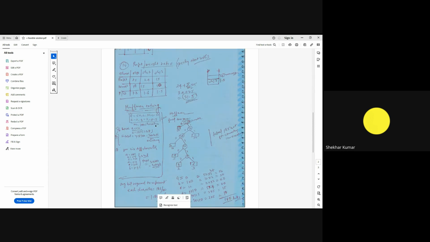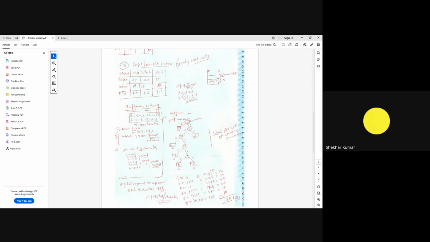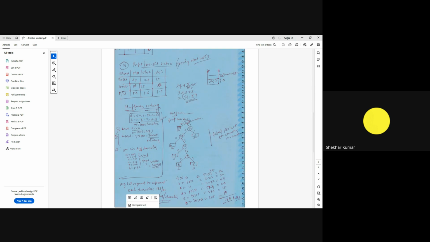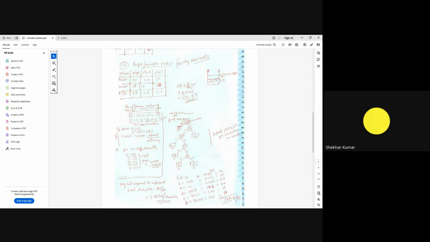You check which 2 characters have the minimum value. Here you can see that E and F have the minimum value. E has 3 and F has 2. So first we will consider these two, E and F. And every time we will put the minimum value on the left side.